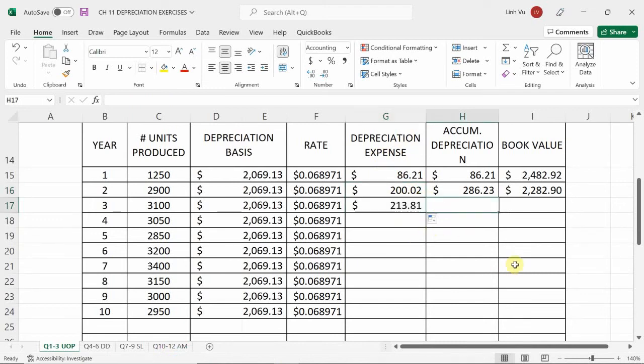Okay. The accumulated depreciation. $500.04. So then what is your book value?